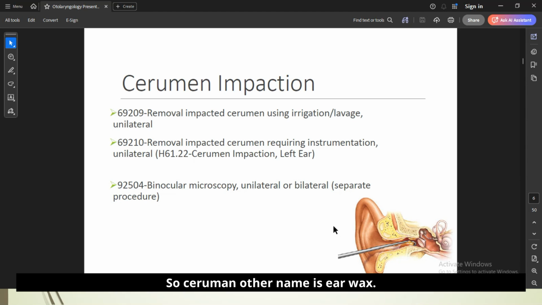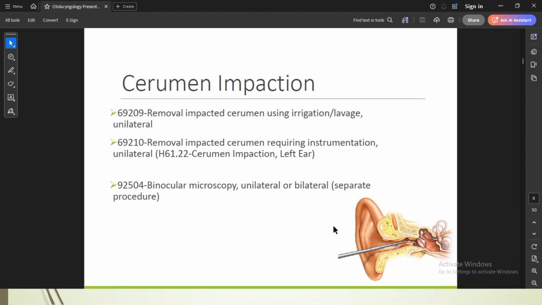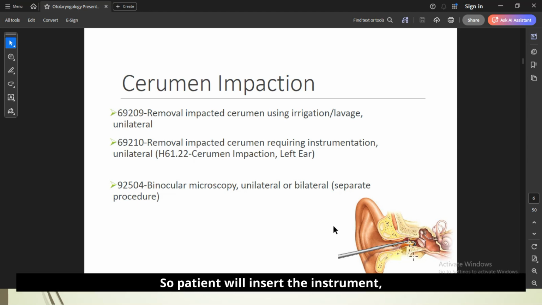If the documentation contains earwax, you can code cerumen CPT codes. Because of this cerumen impaction, the patient will have symptoms like ear fullness, hearing loss, itching or pain. The physician will insert an instrument and remove the cerumen.